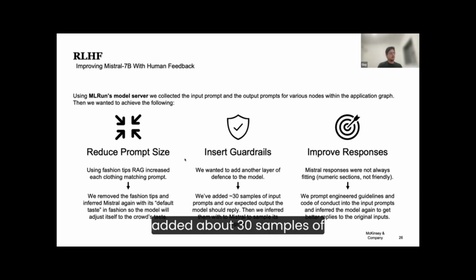So we added about 30 samples of inputs that are chosen in advance and the expected outputs we want. And we wanted to improve the quality of the responses, because Mistral usually answers well, but it sometimes loves to answer in a sectionized and numeric way.